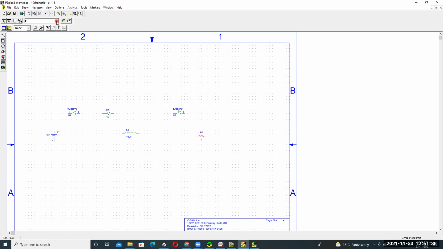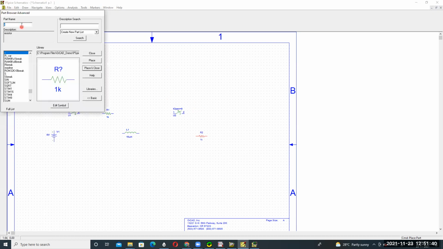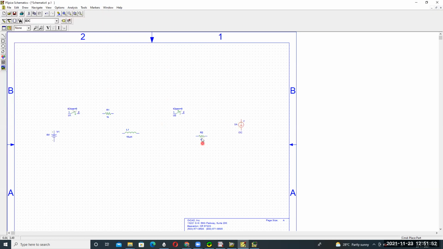and IDC. Take IDC from the library. Place here like this. So rotate this, parallel to our current source, and also this is vertical. Also take ground.